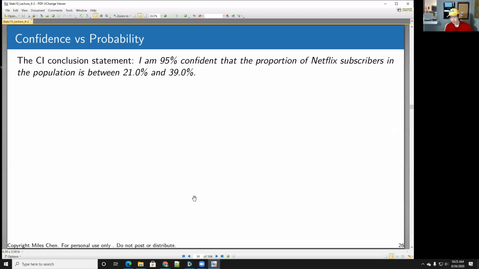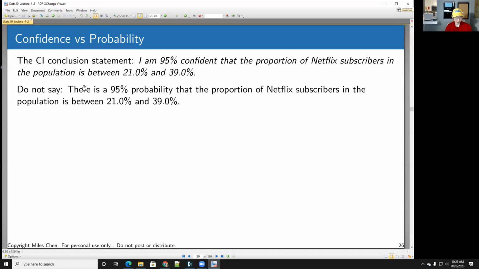When we make confidence interval statements, the statements that we make use the word confidence, right? So the confidence interval conclusion, when we make a 95% confidence interval, is I am 95% confident that the proportion of Netflix subscribers in the population is between 21% and 39%.